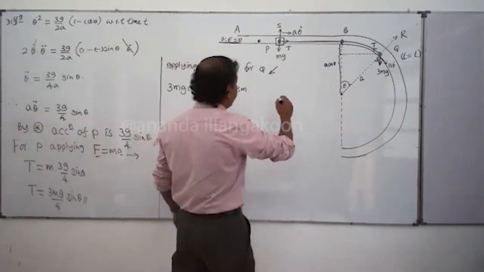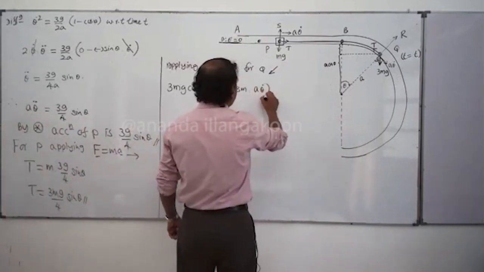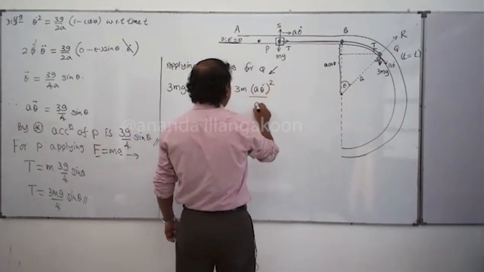The velocity at that moment is a theta dot, squared, divided by radius a.